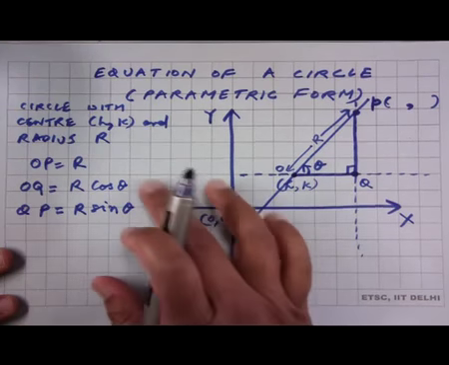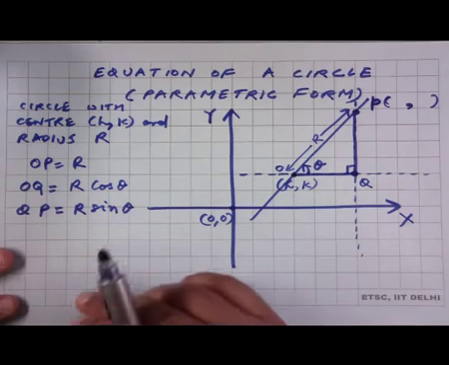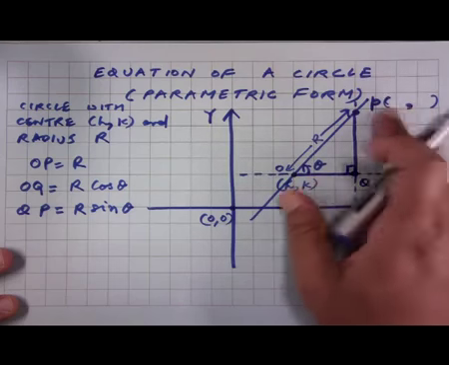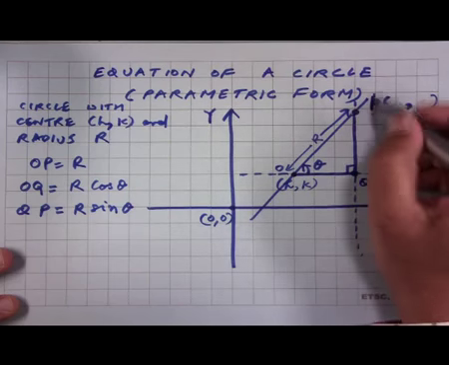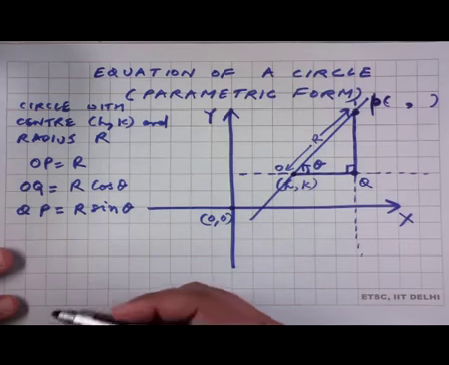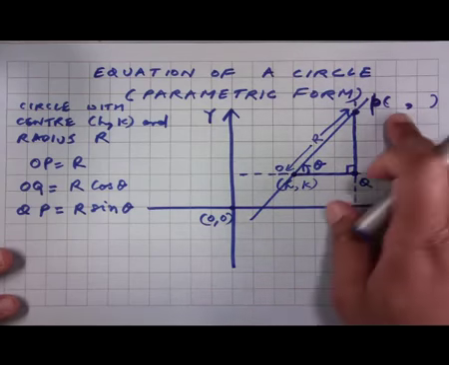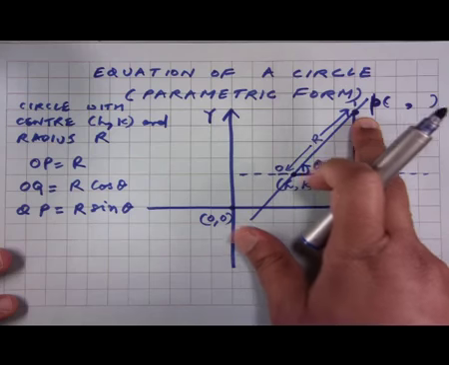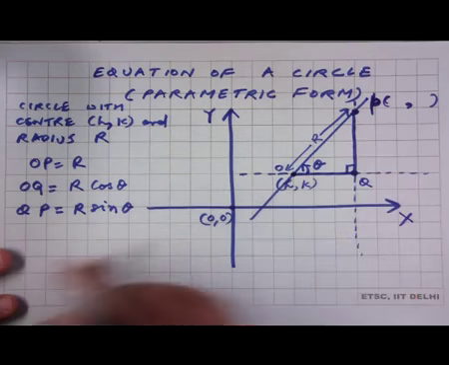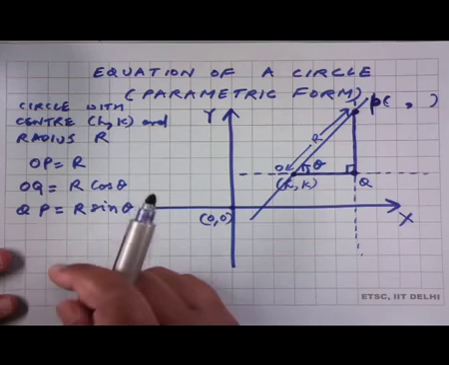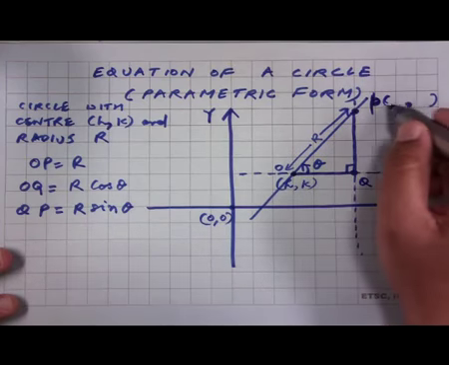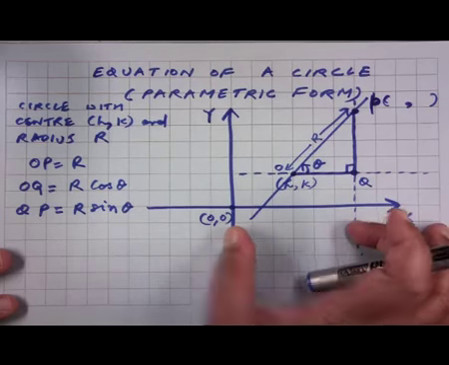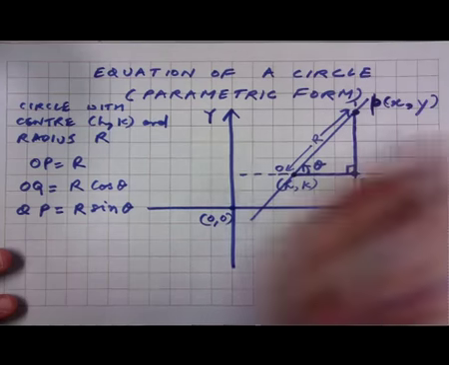Now, from this we should be able to find the two coordinates of this point here, which lies on the circle. We are going to express the x and y coordinates of this point P, which lies on the circle, in terms of r and this angle theta, and that is not very difficult. Let us say that we have P(x, y).